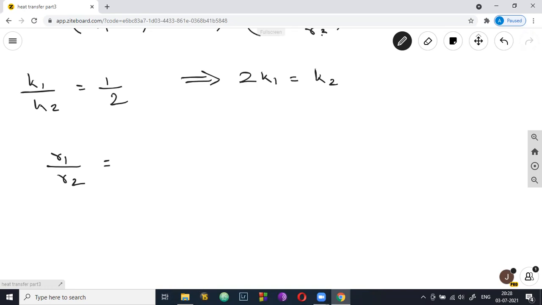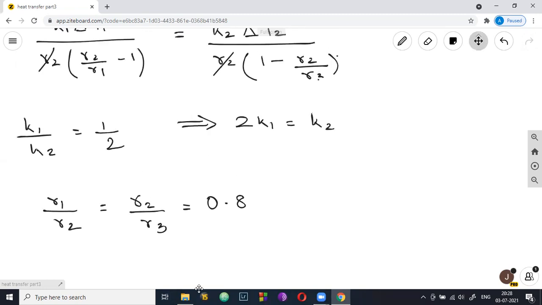For second sphere, it is R2 by R3. This is actually equal to 0.8. Let me repeat. For first sphere, R1 by R2. R1 is the inside radius, R2 is the outside radius. For second sphere, R2 is the inner one and R3 is the outer one. Now for both the materials, the ratio of this is 0.8.